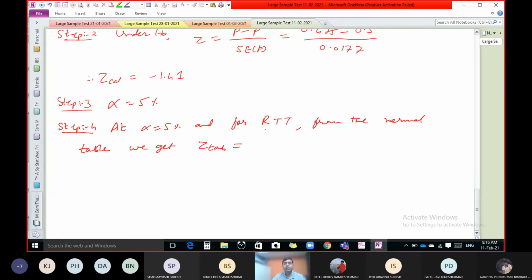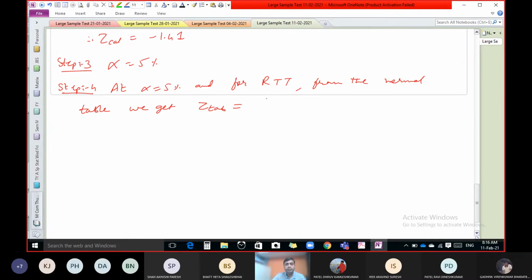Tell me the value of Z tab. One tail test, 5%. Tell me the value. 1.645. Perfect, 1.645.